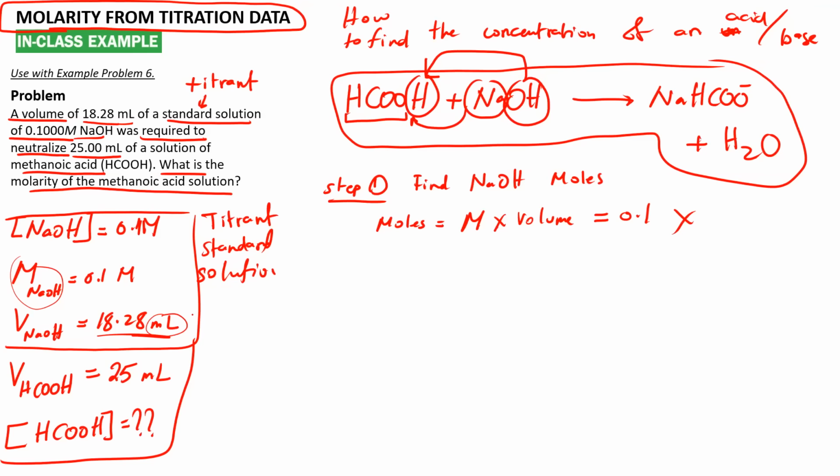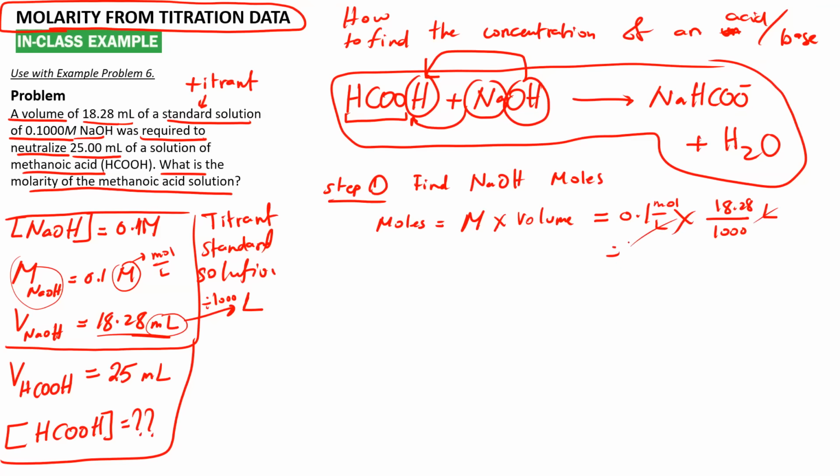Right? We should change it into liters. How? We divide by 1000. So times 18.28 divided by 1000 liter. And this 0.1, we know that molar is actually mole over liter, right? So this one is also mole over liter.